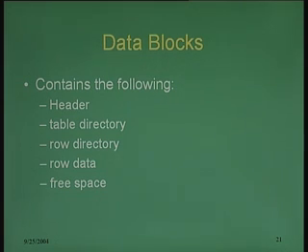It contains some header and table directory information which talks about which table it belongs to and pointers to other tables and so on, and there is a row directory information which talks about which are the specific rows that are stored in this data block, and the data that pertains to a row, and any free space information if there is any free space left out in this data block.